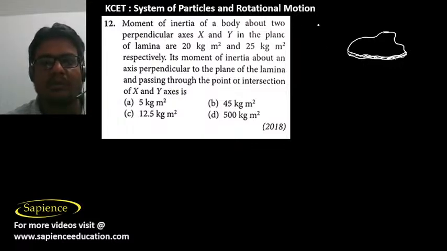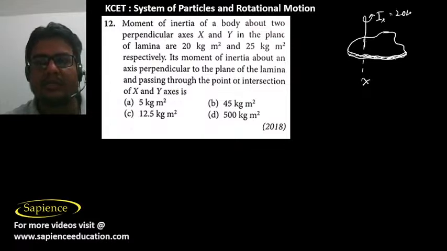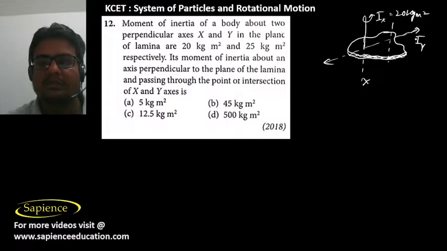So the moment of inertia of the body about two axes: about this axis x, that is Ix, is equal to 20 kg meter square, and about the perpendicular axis, that is Iy, the moment of inertia is 25 kg meter square.